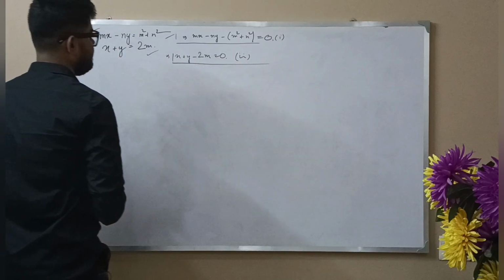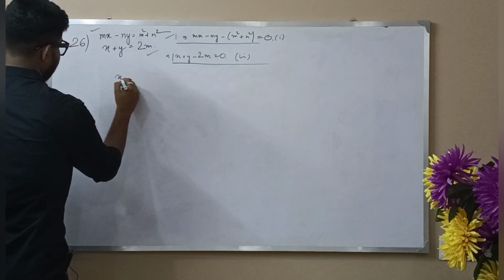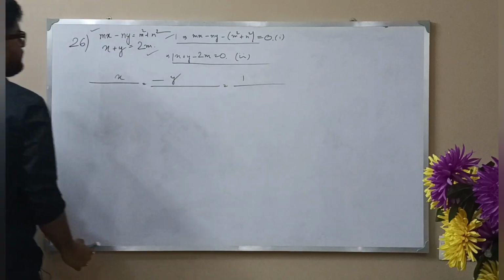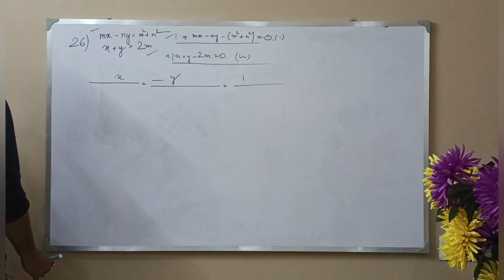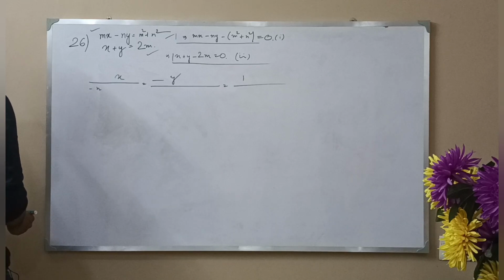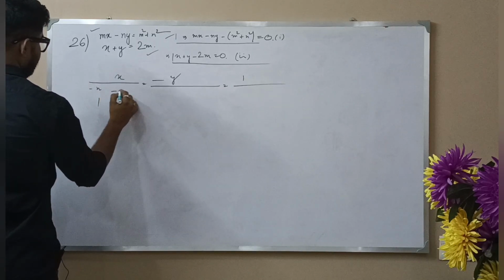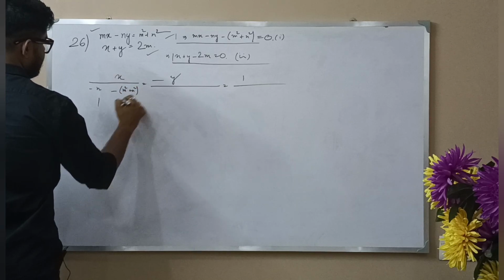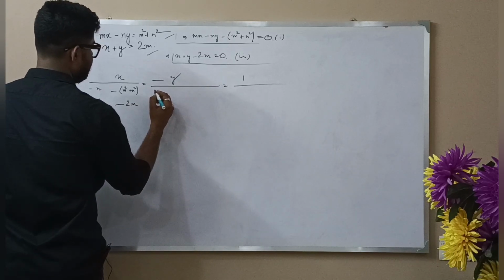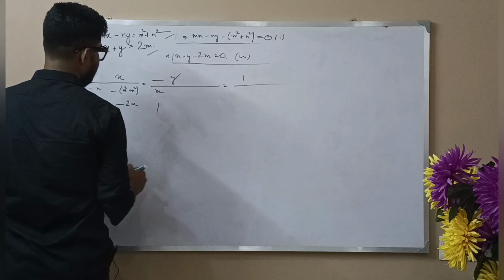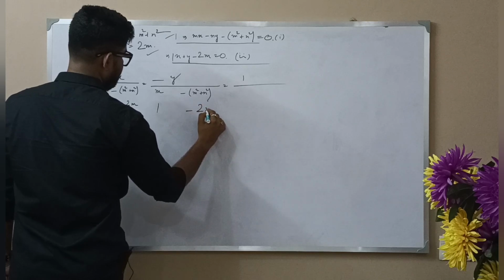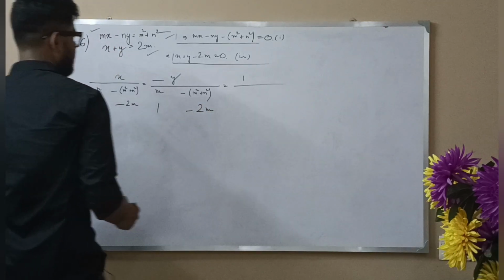So now b1 is minus n, b2 is 1, this is c1, c2, a1, a2, c2, c1, sorry, c1, c2.